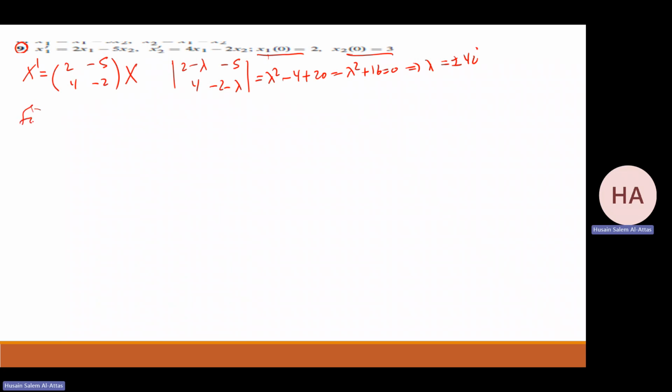Now for lambda equal 4i, what do I have? 2 minus 4i, minus 5, 4, minus 2 minus 4i, times k1, k2 equals 0, 0. I have 2 minus 4i times k1 minus 5 k2, and 4 k1 minus 2 minus 4i times k2.